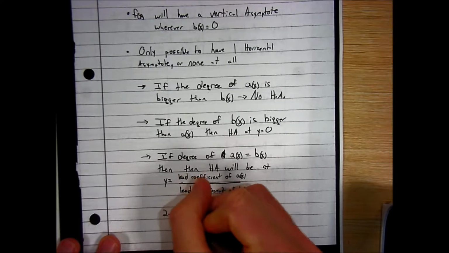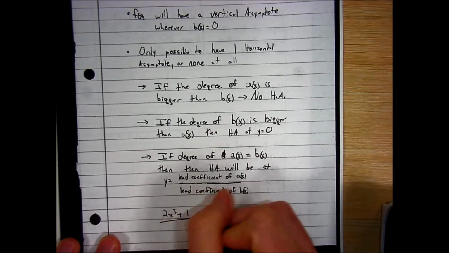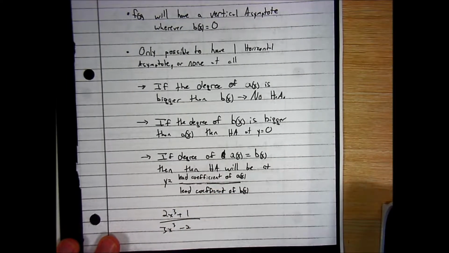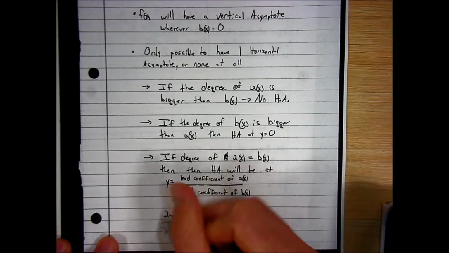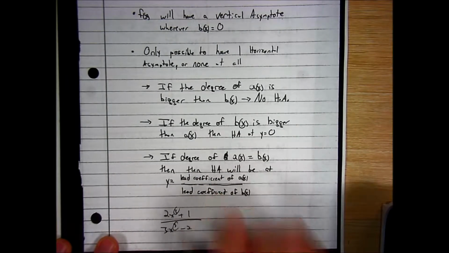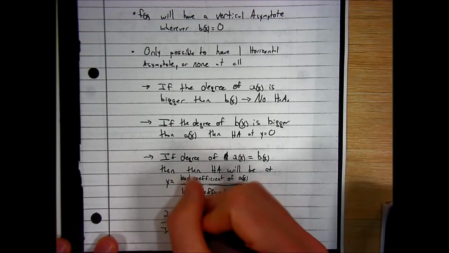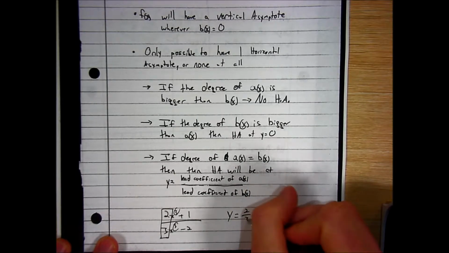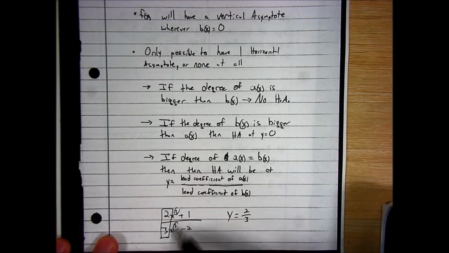If we had like 2x to the third plus 1 over 3x to the third minus 2. Okay? These are tied for the degree. They both have a highest exponent of 3. So I divide the leading coefficients 2/3, and my horizontal asymptote would be at 2/3. That's only if they're tied.